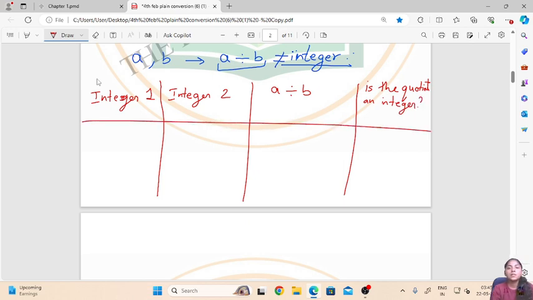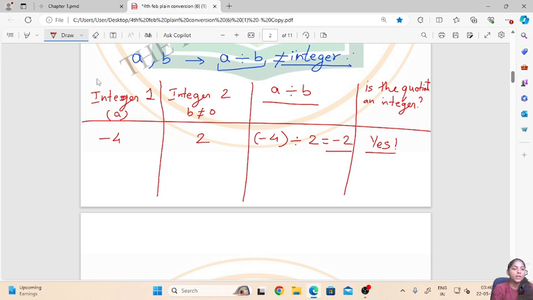Let us see this for a few examples. The first one we have is a as -4, then b should not be equal to 0 because division by 0 is not defined. So b we have as 2. Now first we have to put these numbers in this expression. So -4 divided by 2 is equal to, 2 2s are 4, so the answer will be -2, which is an integer.